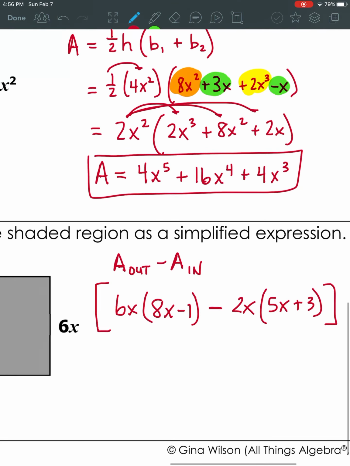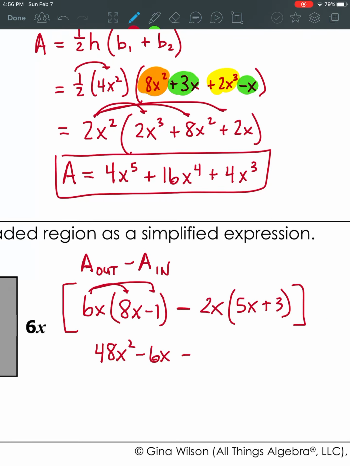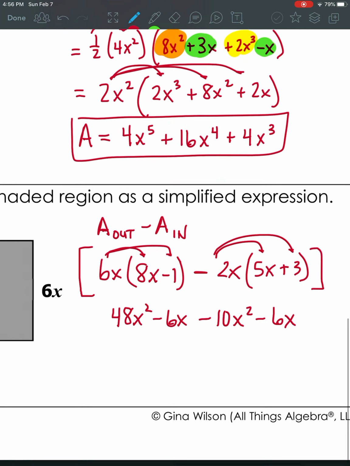So we want to distribute first. Let's find the area of our outside shape. We'd get 48x squared minus 6x when we distribute that 6x. Then minus, we're going to distribute that, 2 times 5 is 10x squared. And then distribute again, so minus 6x.